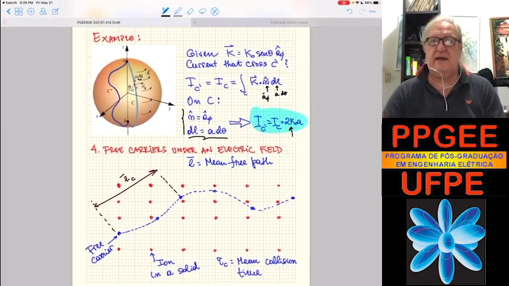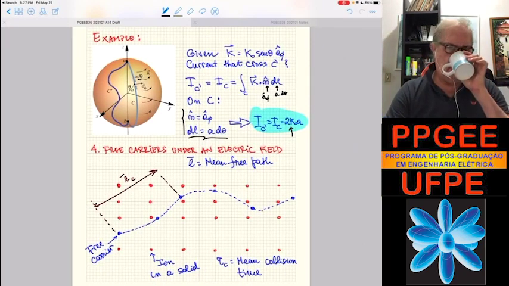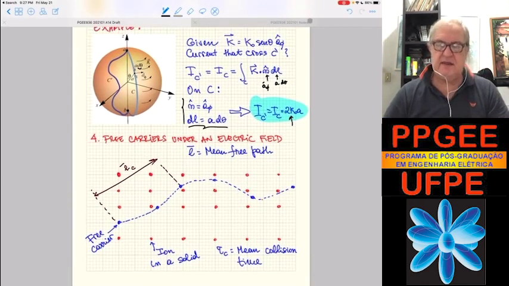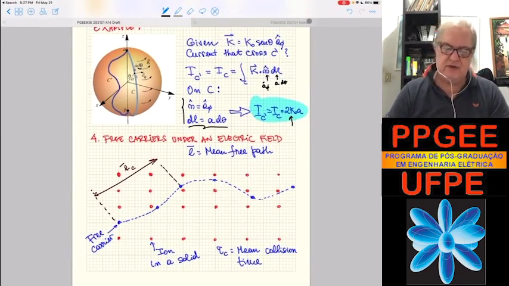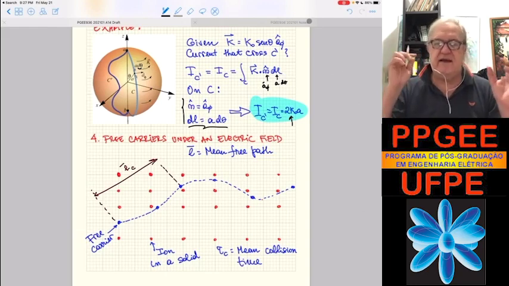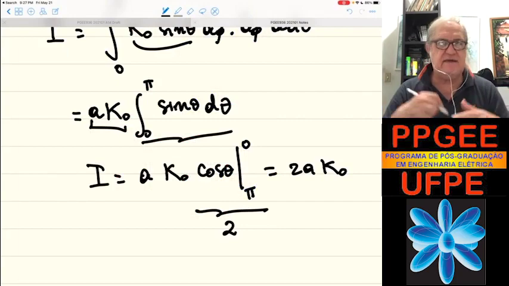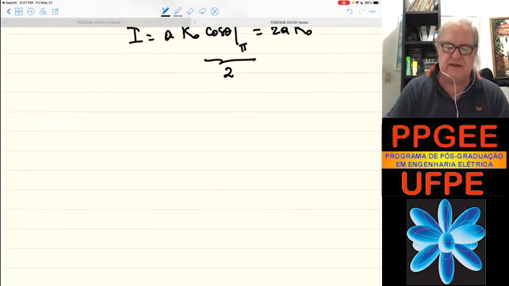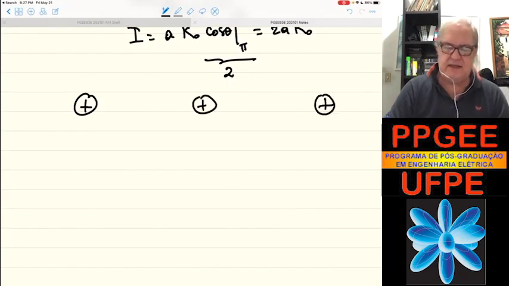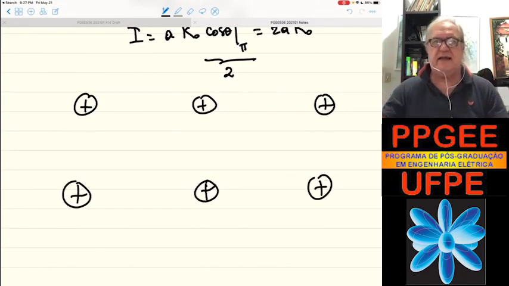Okay, let's look now. We have the current density concept; the concept has been defined. Let's look at free carriers under an electric field. In a real situation, in a solid, you have several types of interaction, but just for simplicity, say an ionic crystal with nuclei that are all positive because we liberate electrons.